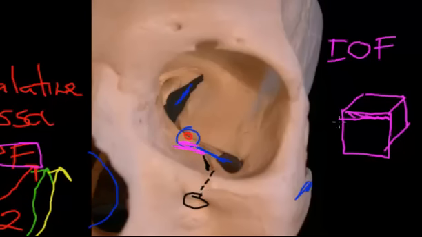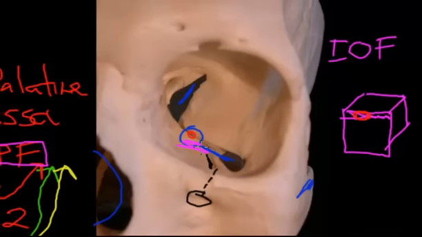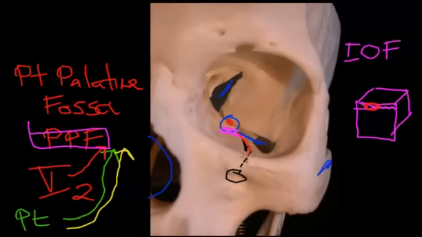That groove and that foramen is the pathway of one of the major branches of the maxillary division of trigeminal nerve that comes out through there, along that groove, runs down there to come out on the face just here, and that's called the infraorbital nerve.